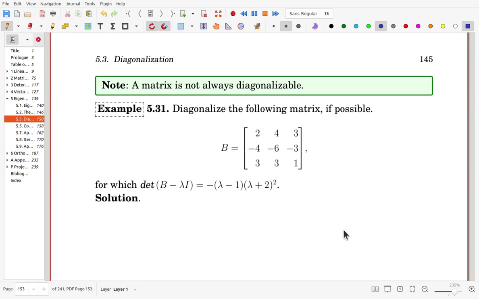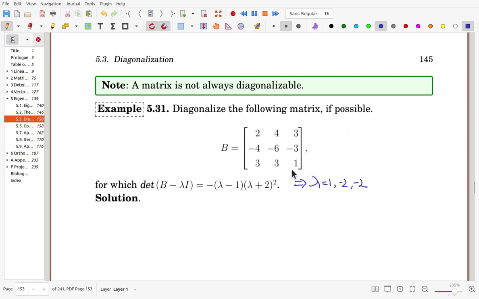A matrix is not always diagonalizable. Okay, let's try to diagonalize the following matrix. And for simplicity, the characteristic polynomial is already given. So here we can see that lambda is 1 and -2 and -2.